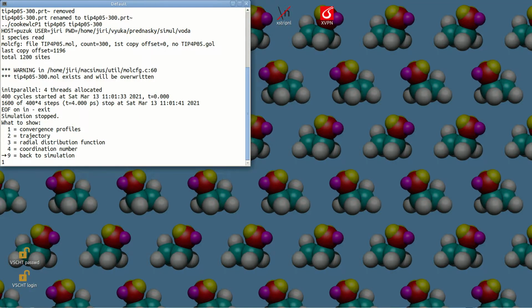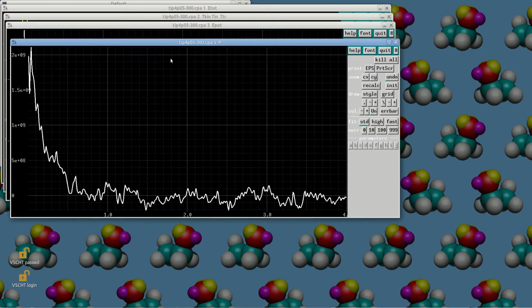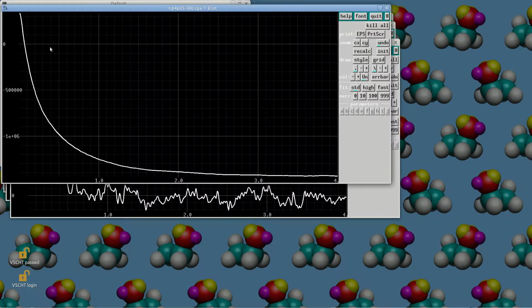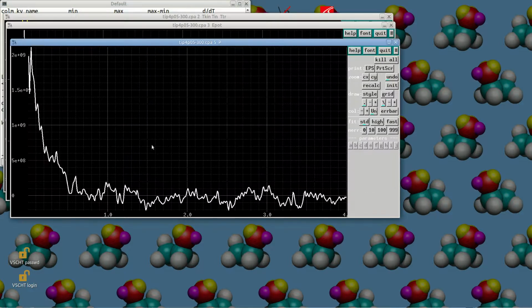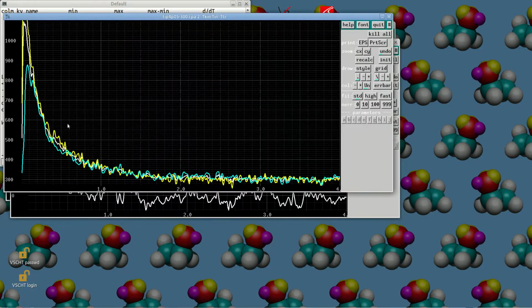It's finished, so I'll show you the convergence profiles of different quantities. The first one is the total energy. The total energy decreases. The simulation contains a thermostat, particularly the Berendsen thermostat, so the total energy isn't conserved but decreases. Let's have a look at the temperature. There are 3 types of temperatures. I remember that I already told you the difference, but it's not very important at this moment.